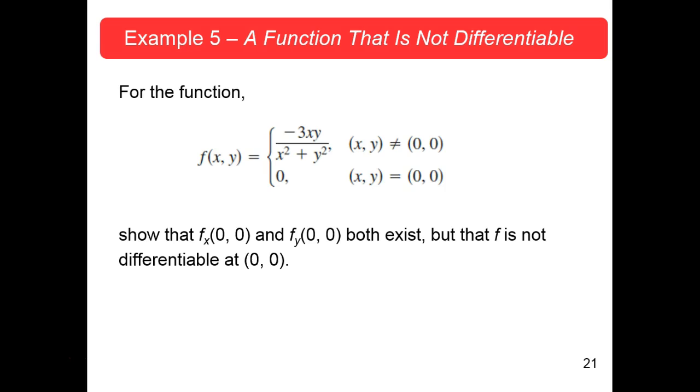Now, it says show that the partial of f with respect to x exists at 0, 0, and the partial of f with respect to y exists at 0, 0, but f is not differentiable at 0, 0. Okay?